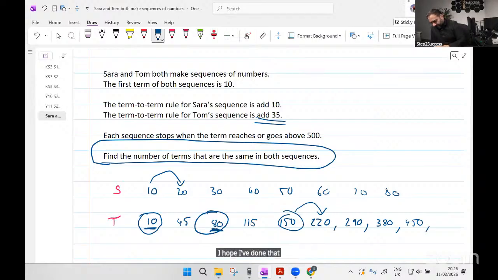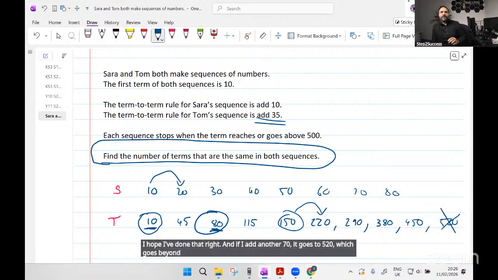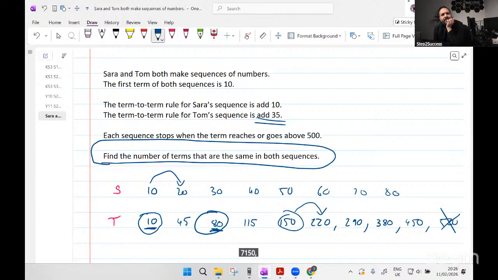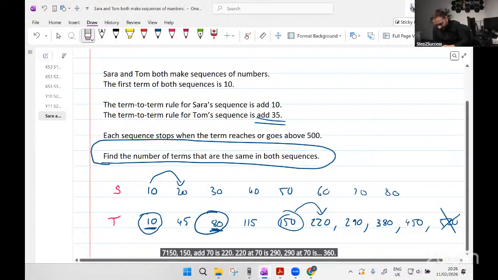And then if I add another 70, it goes to 520, which goes above 500, so we don't go there. Let me make sure I've done that right. 150 add 70 is 220. 220 add 70 is 290. 290 add 70 is 360. There you go. I knew I'd done something wrong.